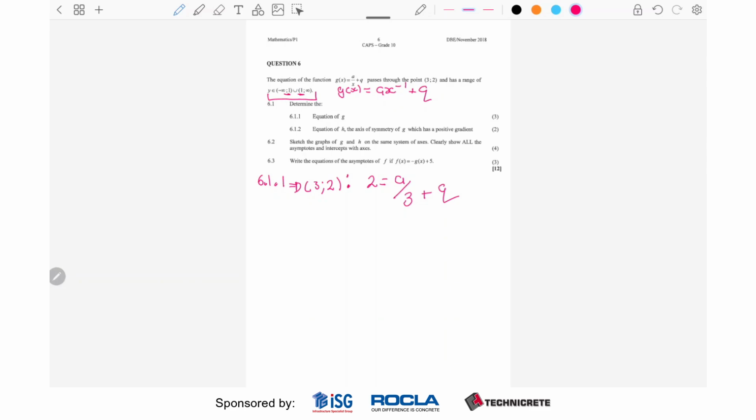Therefore, the value of q, which is the value of our asymptote, will be 1. So therefore 2 equals a over 3 plus 1. And once we solve for a, it will be 3. This will give us the equation g of x is equal to 3 over x plus 1.